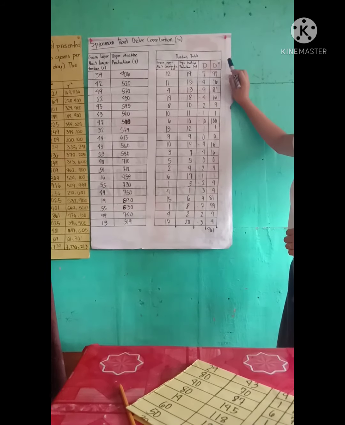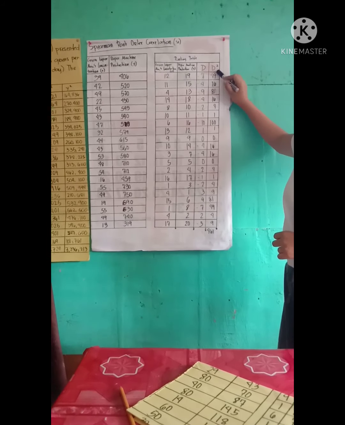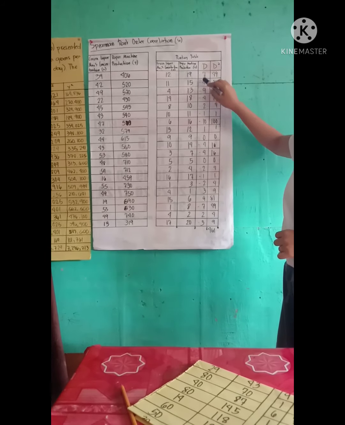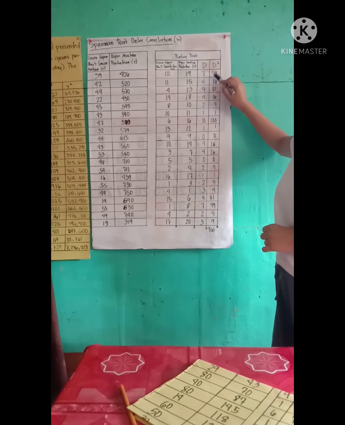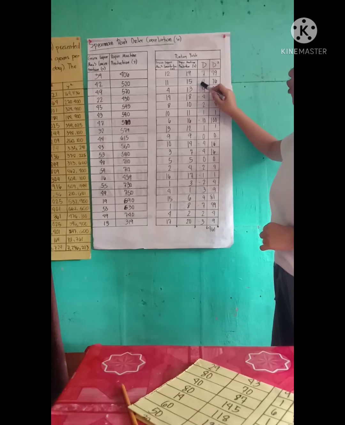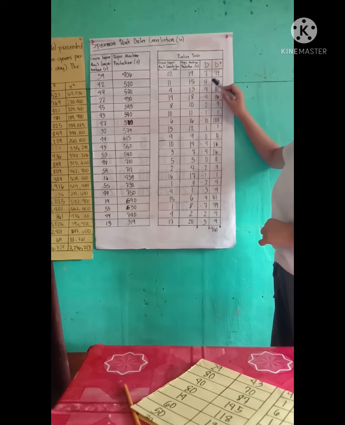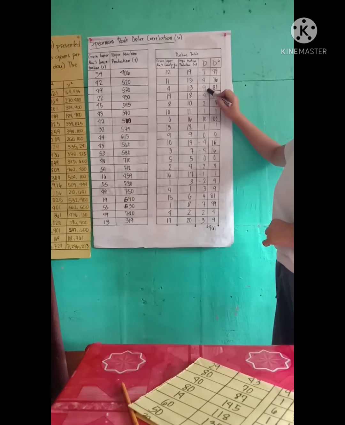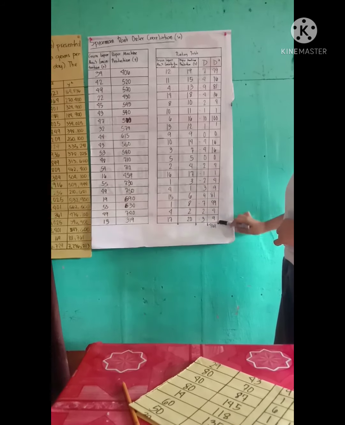For the D squared column, we need to multiply the D by itself. So negative 7 times negative 7 is equal to positive 49. Negative 4 times negative 4 is equal to positive 16. Negative 9 times negative 9 is equal to 81, and so on.